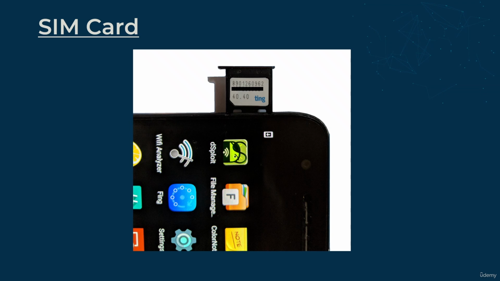Any device that can communicate with a cellular carrier network, whether it's a tablet or a smartphone, has a SIM card. SIM stands for Subscriber Identity Module. Here we have a picture of a SIM card, very tiny, and it plugs into the device physically. Now you need a SIM card to authenticate your phone to the carrier network.